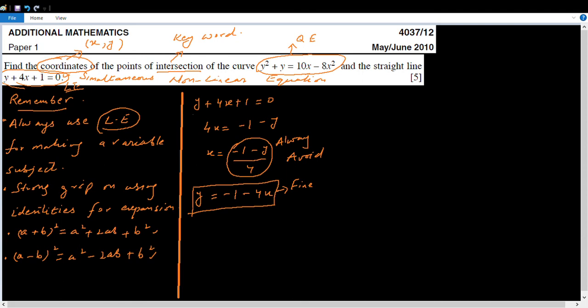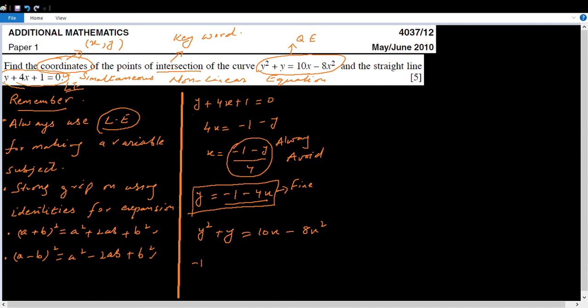We have used the linear equation to make y the subject, and we are going to use the quadratic equation for getting the values of y. So the quadratic equation is y square equals 10x minus 8x square. First I write it here, then I will replace the value. Now I will replace y by this value, so it will become minus 1.